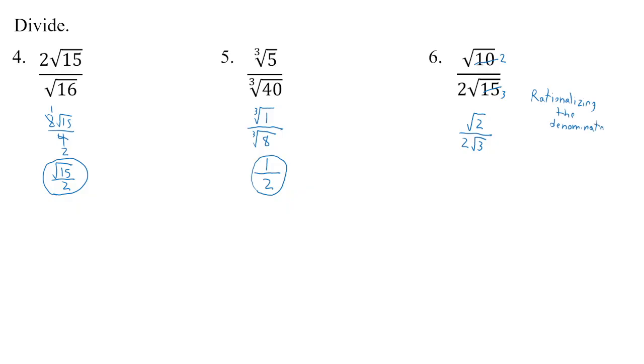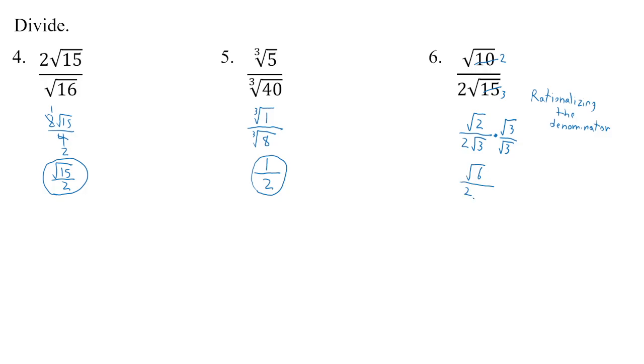Now I'm going to show you how that works. You see the square root of 3. We're going to multiply both your numerator and your denominator by the radical that is in the denominator. Therefore, the square root of 2 times the square root of 3 is the square root of 6.